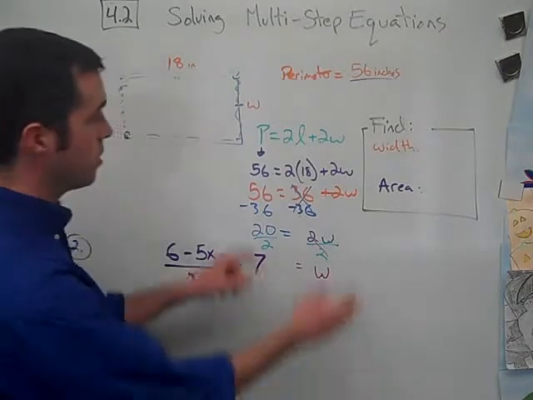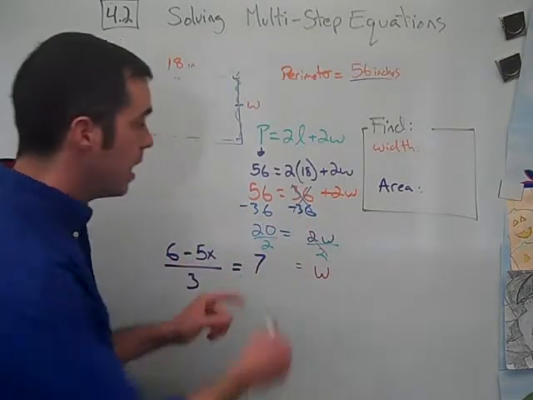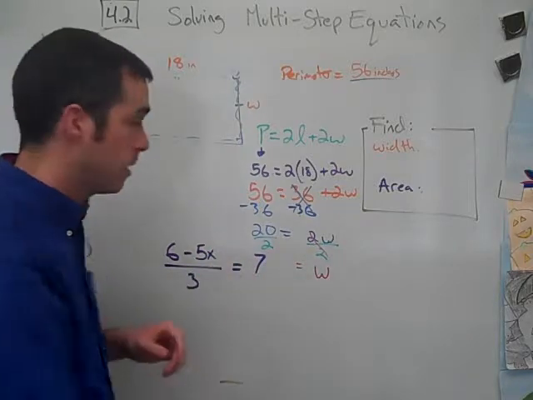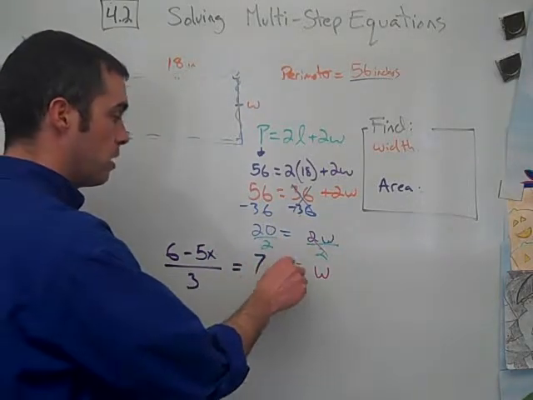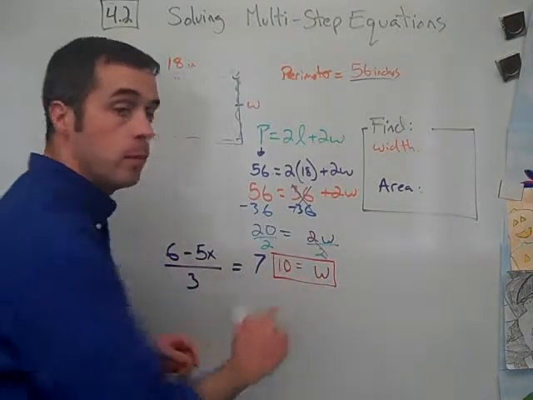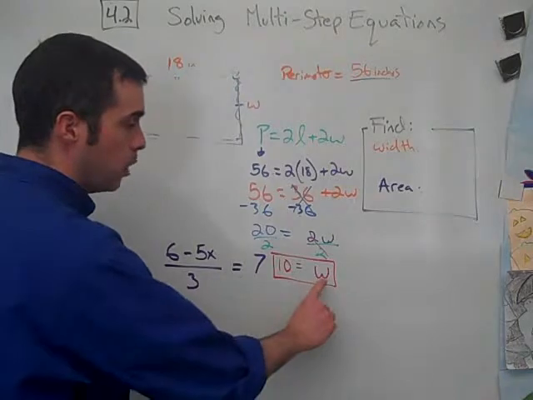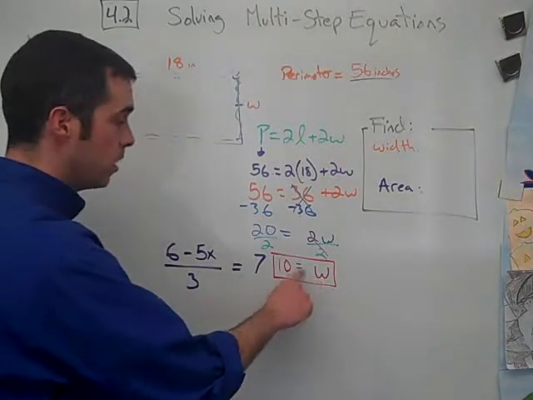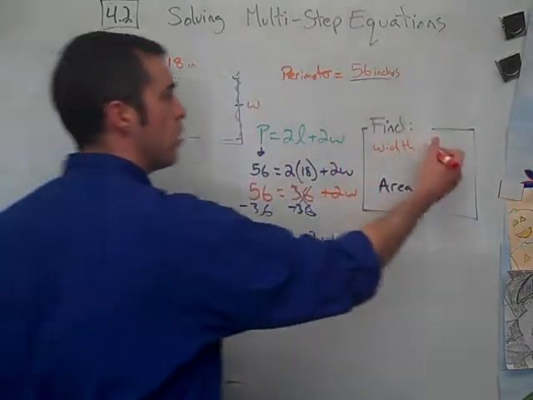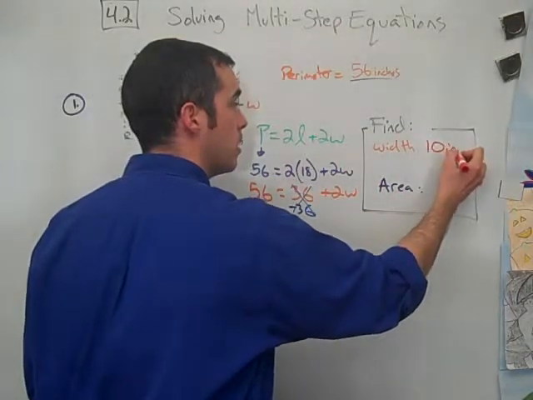And it says much the same as the subtraction property of equality. If you divide both sides by the exact same amount, then your equation will maintain balance. 20 divided by 2 is 10, and so we have an answer here. The variable is isolated. It's all by itself. 1 width, or w, is equal to 10, and our unit of measurement was inches. So this measurement was 10 inches.